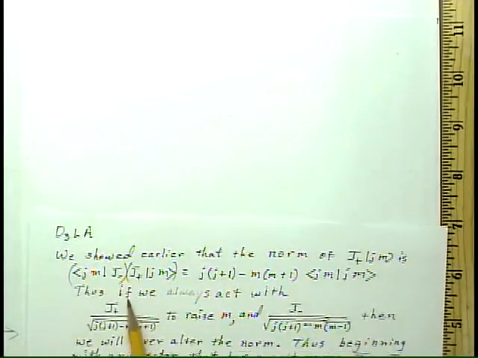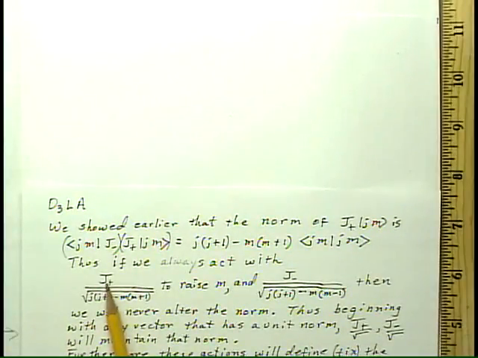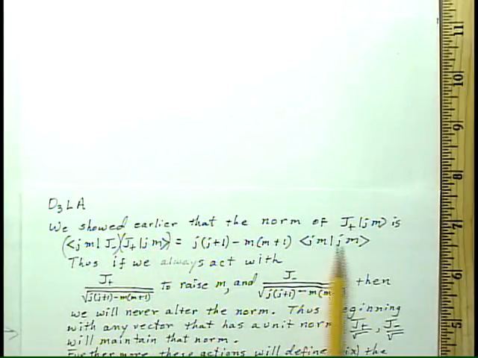So, if j plus always acted along with the square root of this value, divided by the square root of this value, then when we acted with this and took its norm, we would get 2 of these square root factors, which means that the norm of this object here would be the same as the norm of this object here, and therefore we would have a system with the raising and lowering operators, and the lowering operator by this, which would never alter the norm as we moved around.